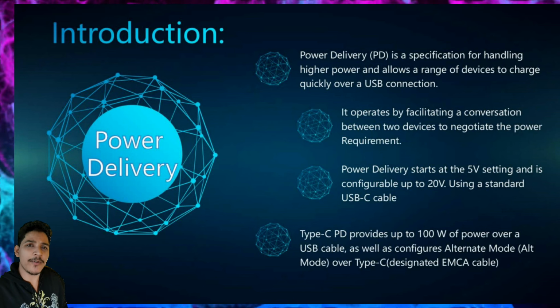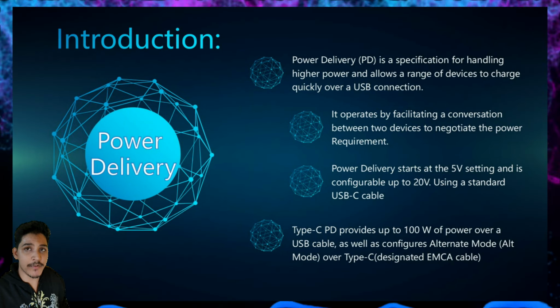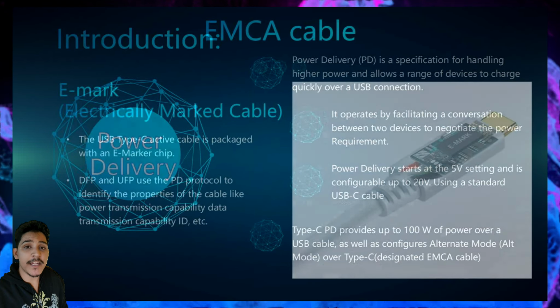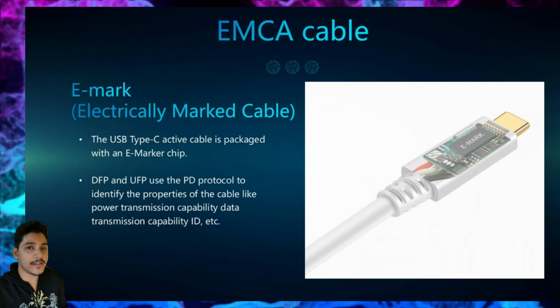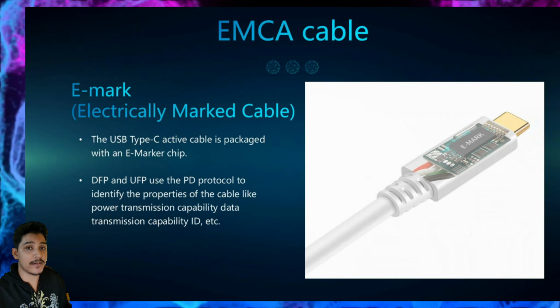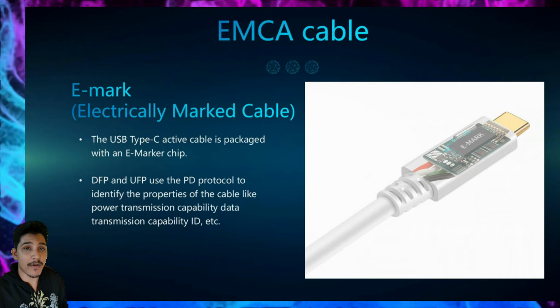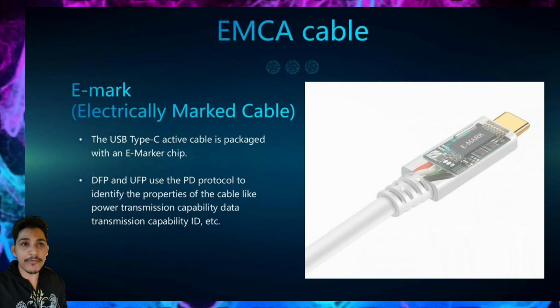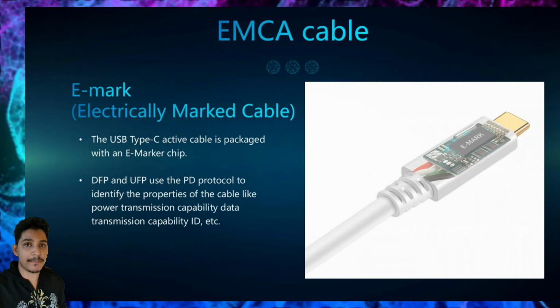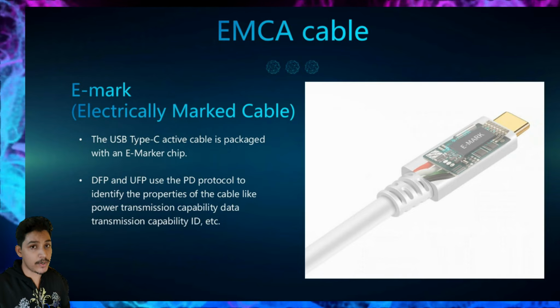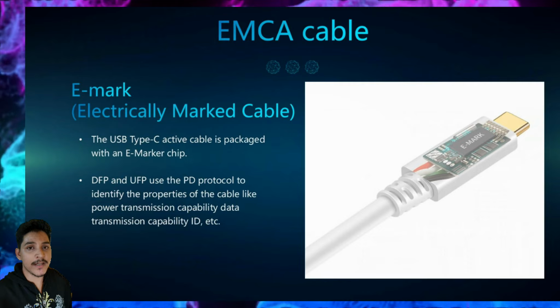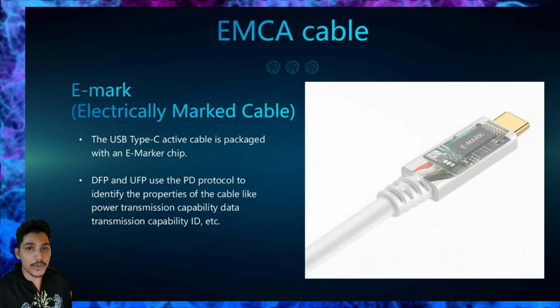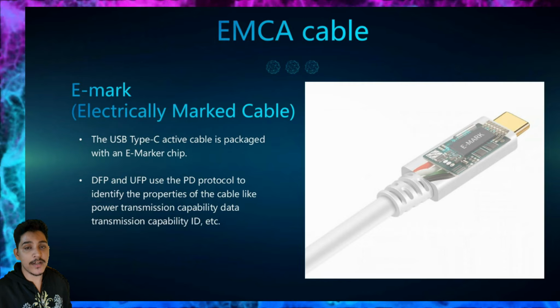In order to truly use 100 watts of power over USB, we need a specific dedicated EMCA cable, which stands for electronically marked cable. It is a Type C active cable packed with an E-marker chip, as you can see here. This chip is used when the USB is in UFP and DFP mode, upstream port and downstream port.